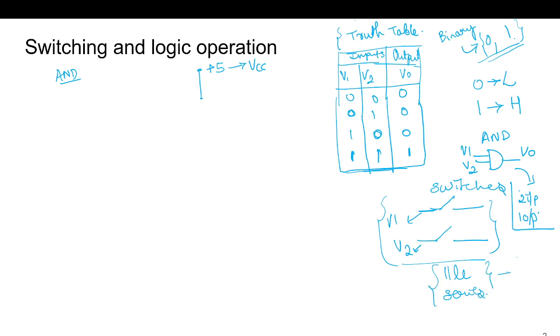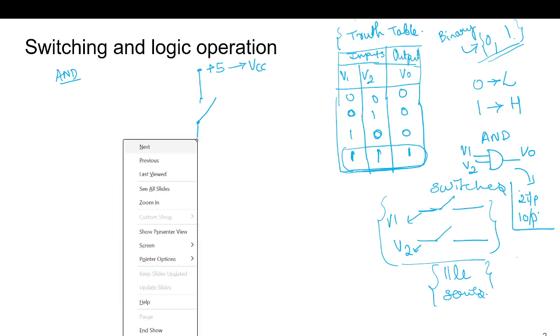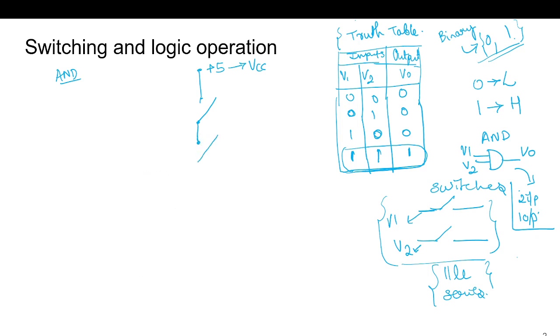So now we want to design an AND gate. We have a 5 volt supply. When both the switches are on, the output is 1. If this switch is on, the output here will be 5 volt. Again, if this switch is also on, then this will be propagating here.